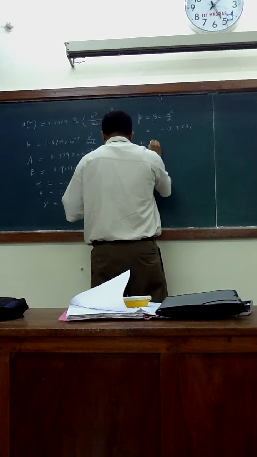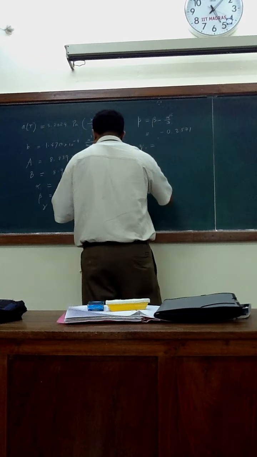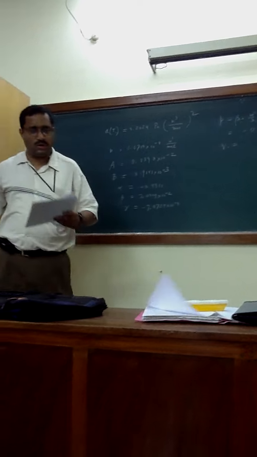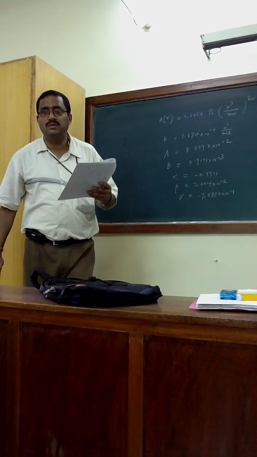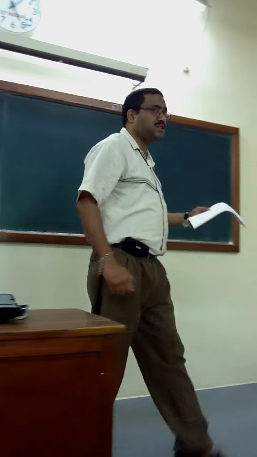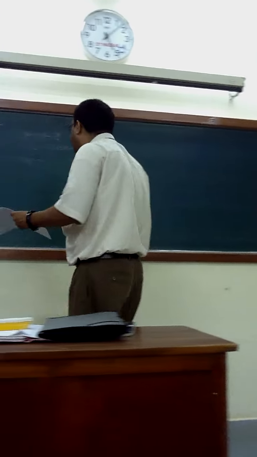Then you have Q. You have the formula with you. You should tell me the formula. I won't tell you the formula. The formula is 2 alpha cube by 27 minus alpha beta by 3 plus gamma.